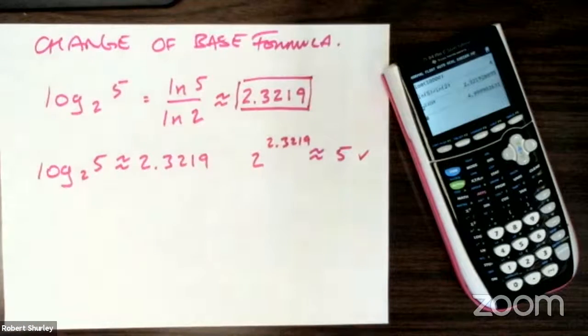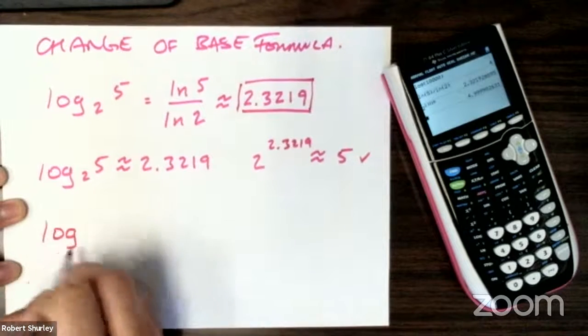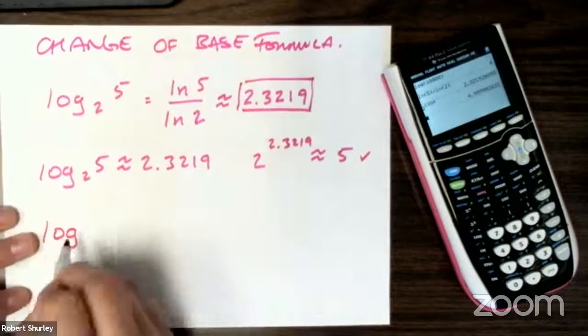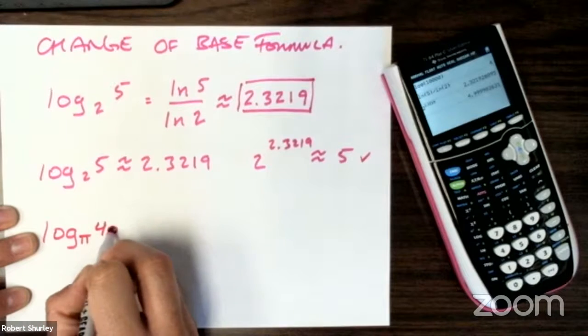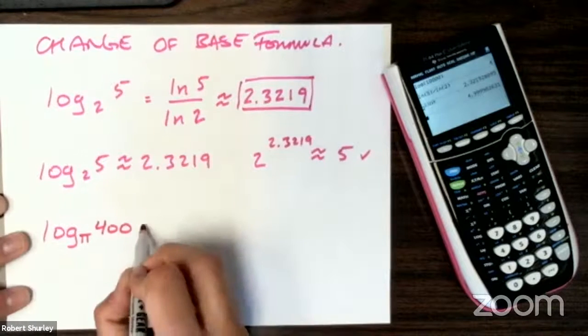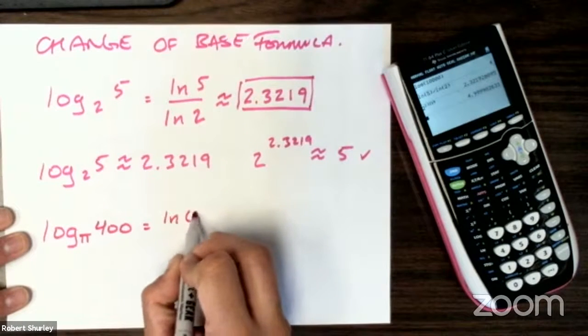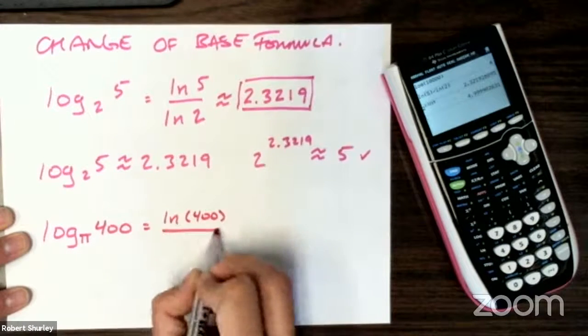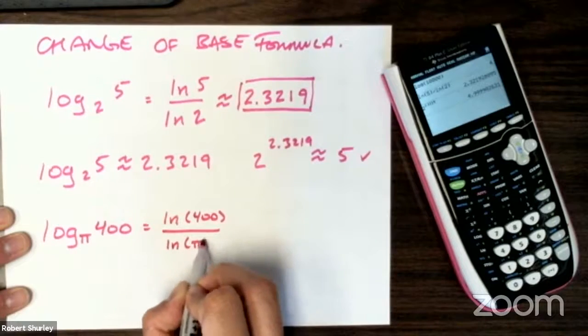So if I wanted to find, your book does some goofy ones, I think like log base pi of 400. Okay? Log base pi of 400. I could say this is ln of 400 divided by ln of pi.